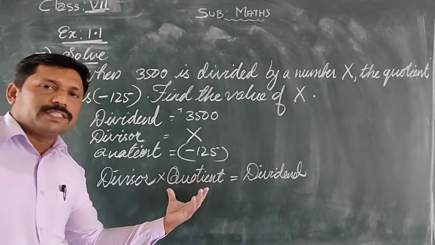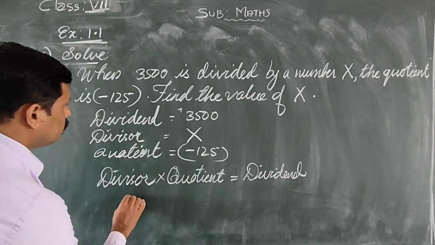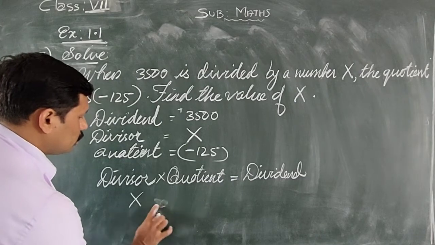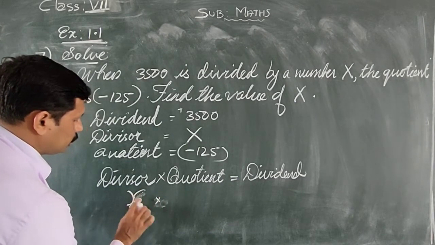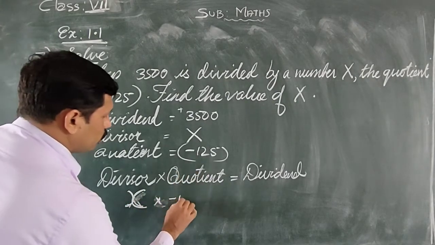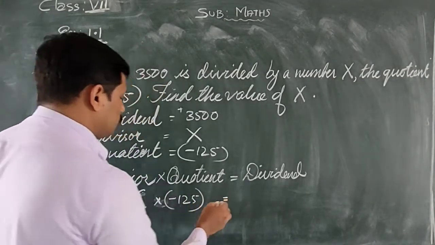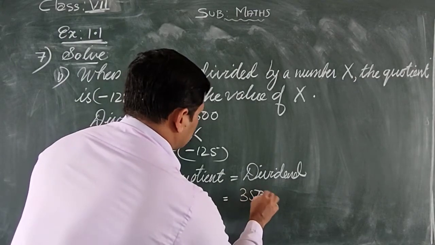As there is no divisor, we are not writing divisor here. That means divisor is equal to x into negative 125 is equal to 3500.